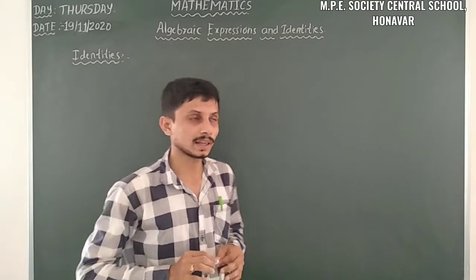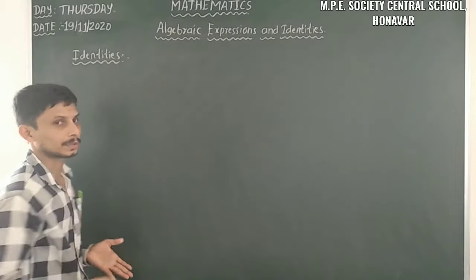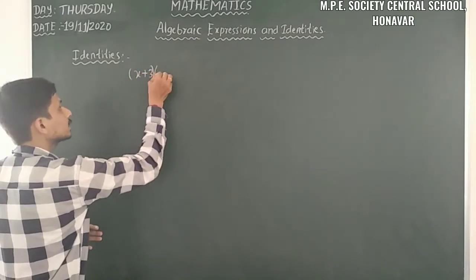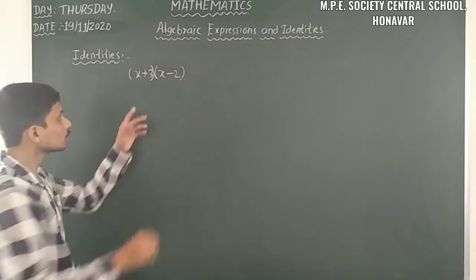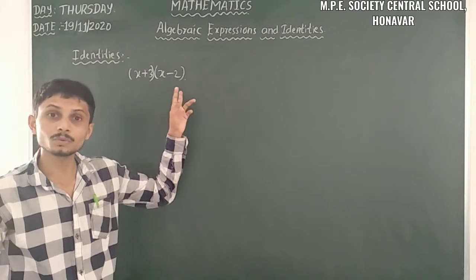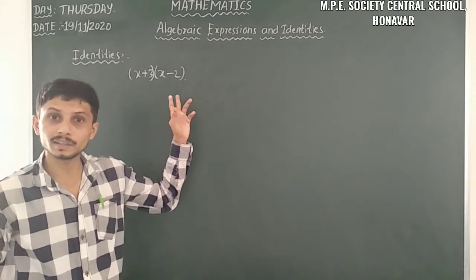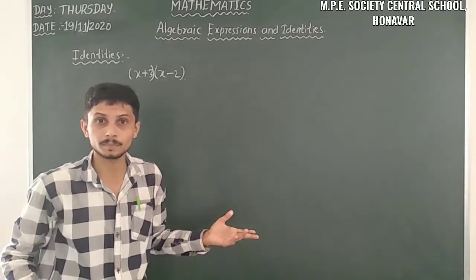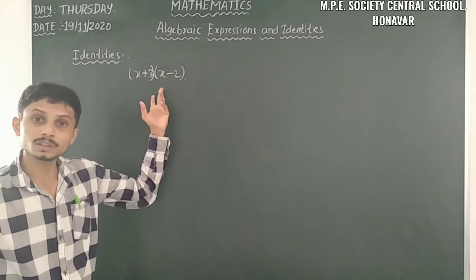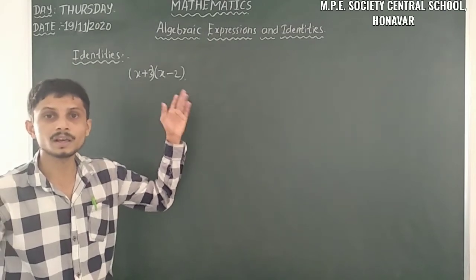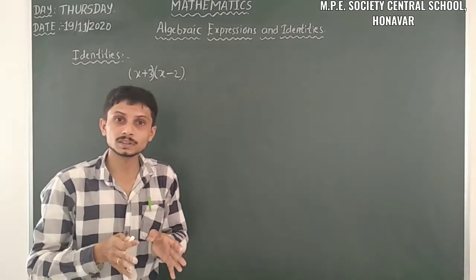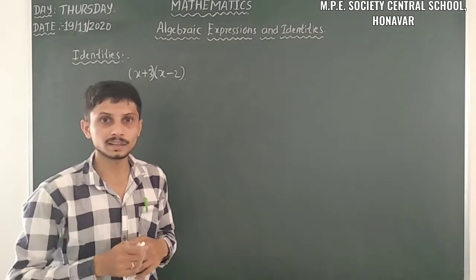For example, take x plus 3 and x minus 2. Both are binomials, and it is a multiplication of two binomials, which we already learned. We do the operations between the terms of the binomials.